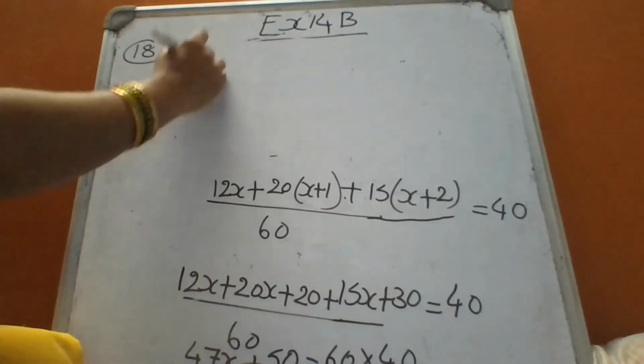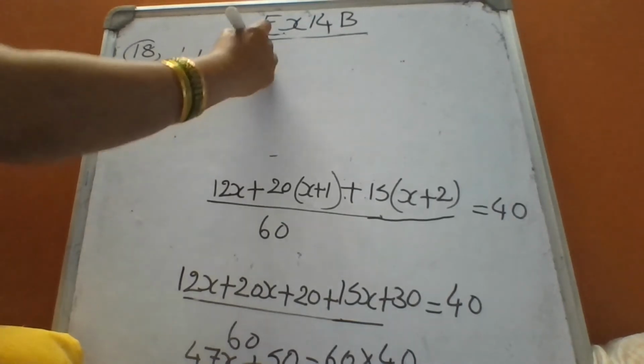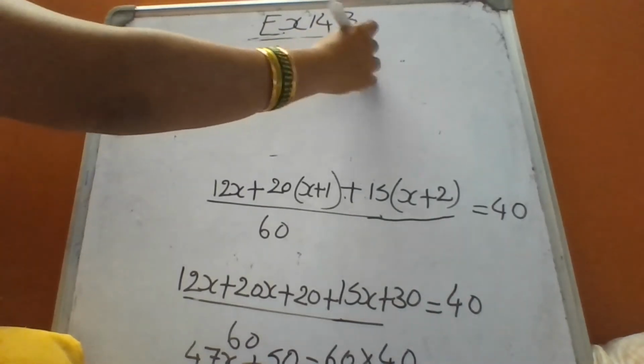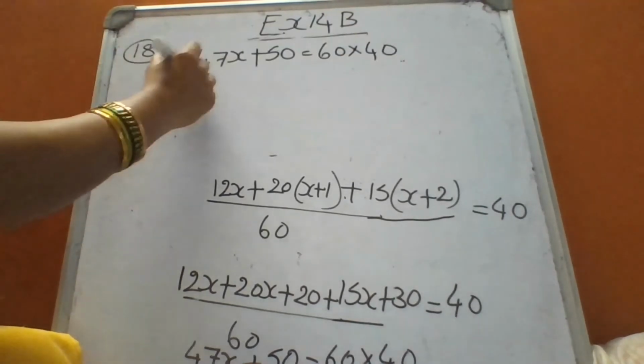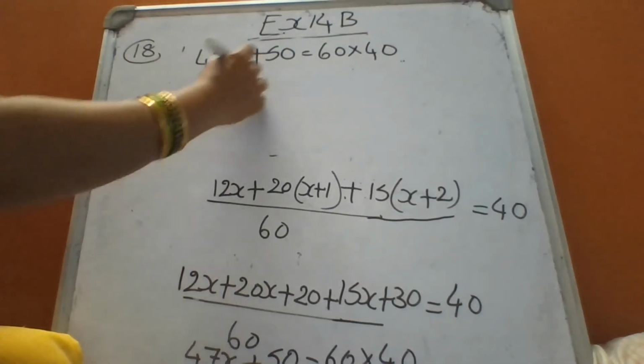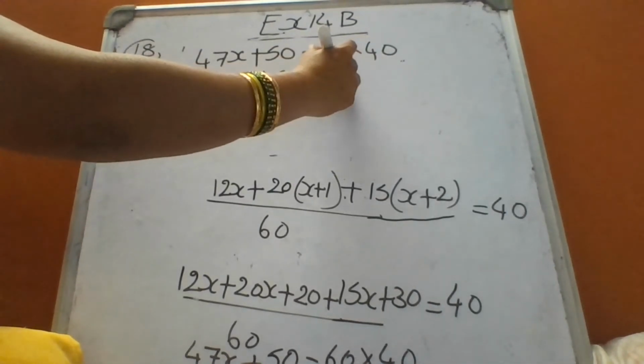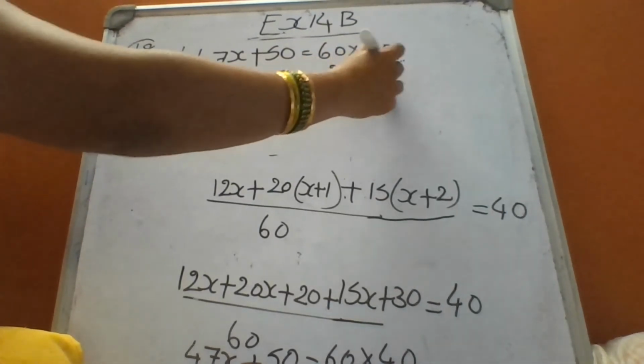So, 47x plus 50 is equal to, if you multiply, 2400.